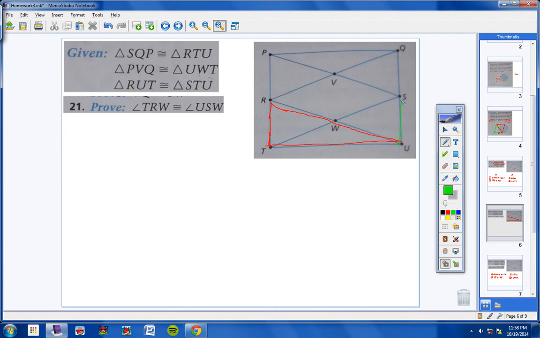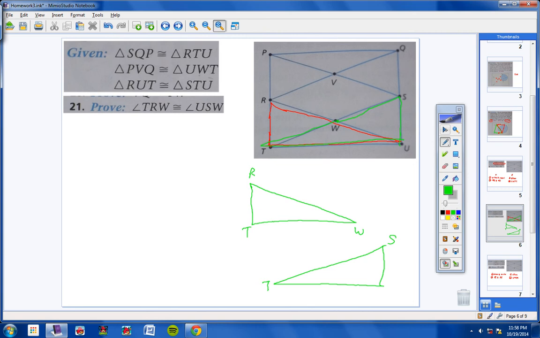So USW right here, okay? So I'm going to draw those two triangles separately, okay? So here's this triangle RTW. And here's the other triangle going this way. And this triangle ST.